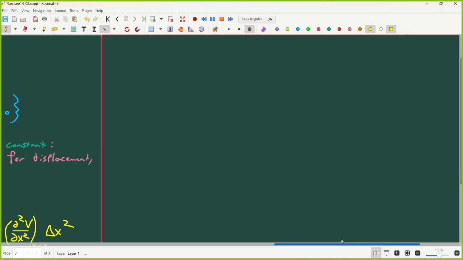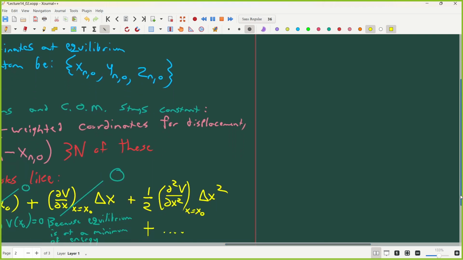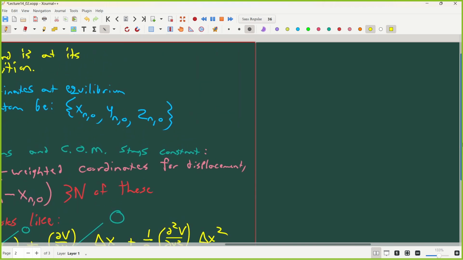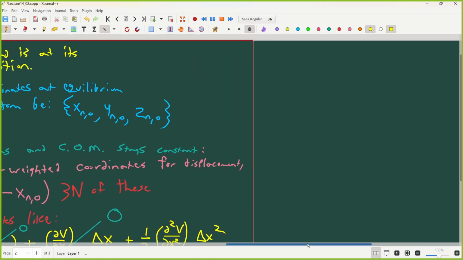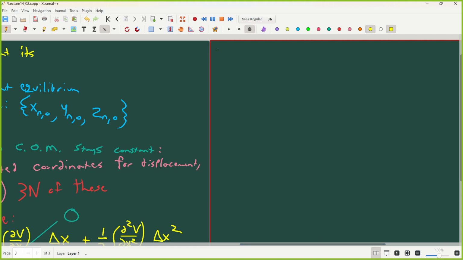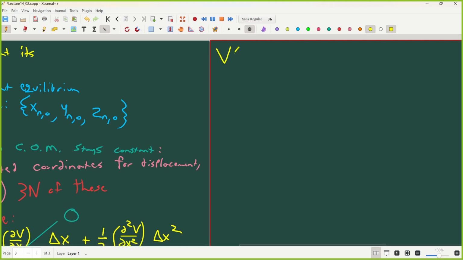We'll kind of screw this over a little bit here. Okay, so now what we have is a potential. All right, so now let me just do this for a polyatomic case.